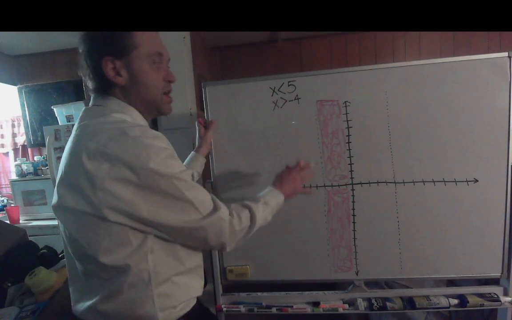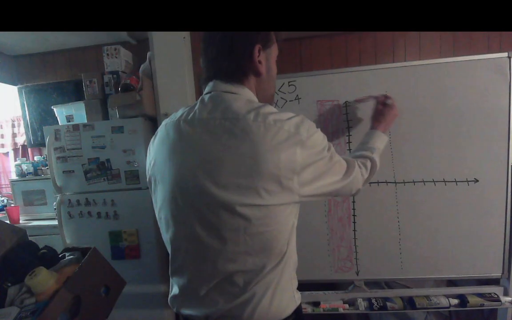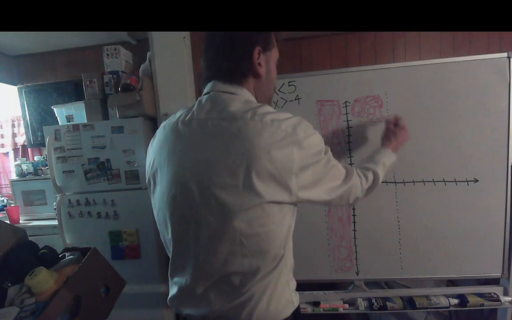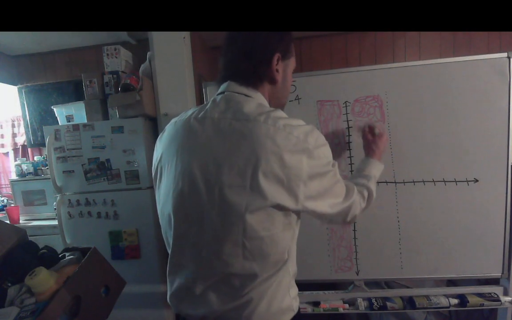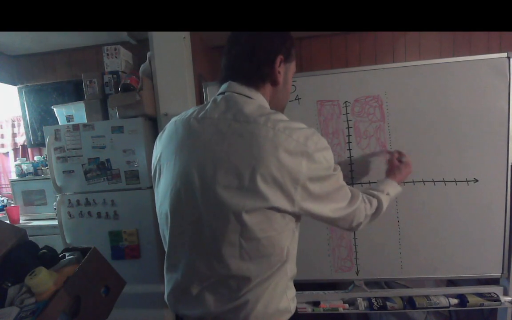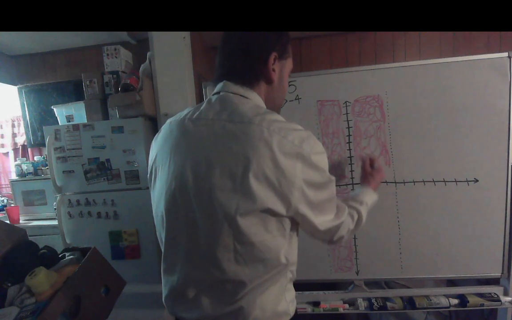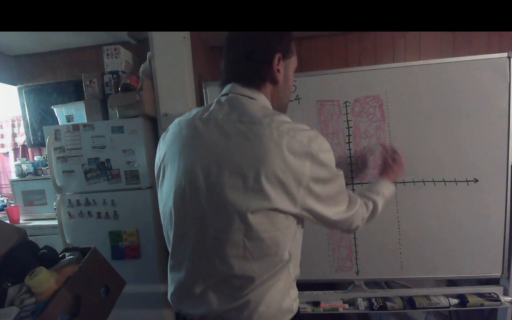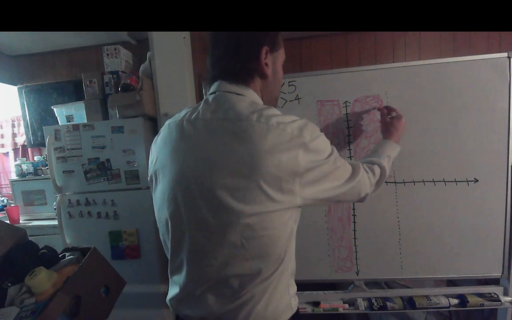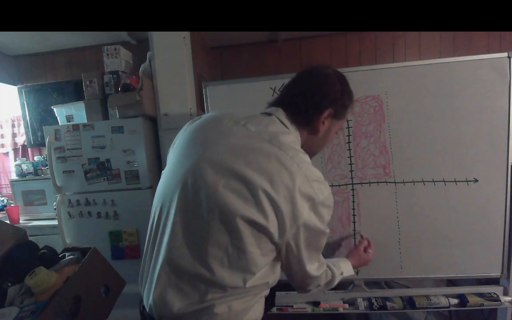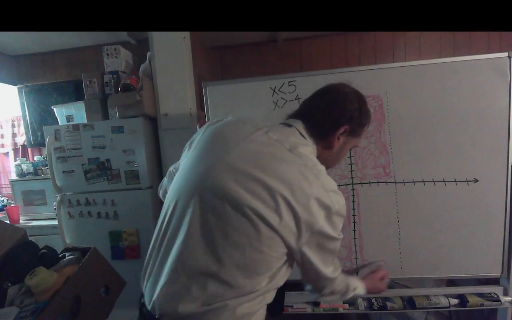You want to represent all values between x equals 5 and -4. It's between and not equal to. That's why we have the dotted lines at both of those points. But the values that represent the solution to this graphically are going to be the whole shaded region between x equals -4 and x equals 5. So we'll just shade all that.